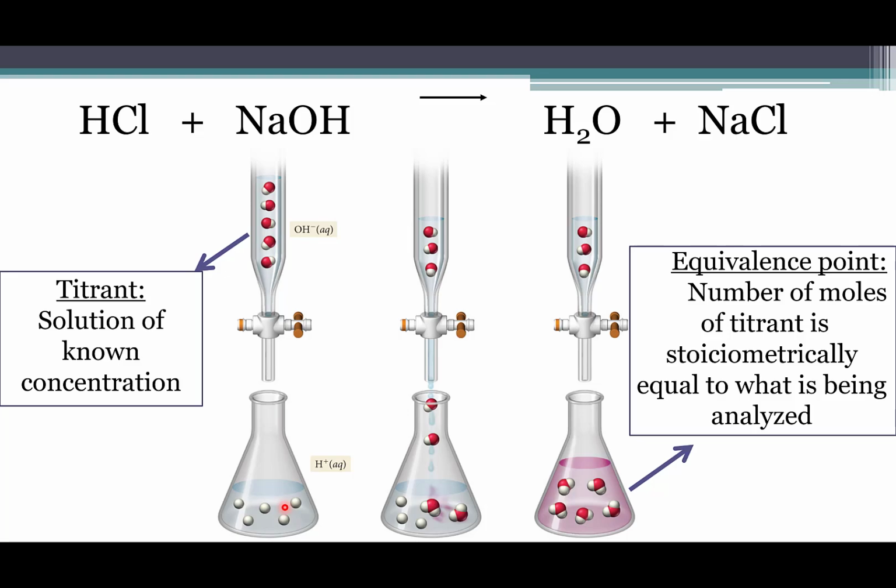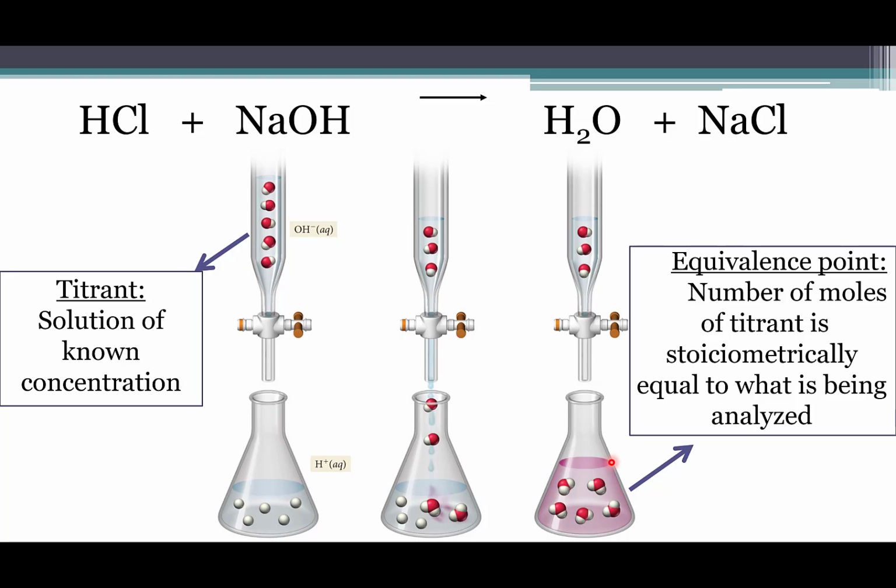Or I'm going to put 10 mLs of hydrochloric acid in there. So we'll know how much of our unknown is in here. We just don't know its concentration. Okay. So we drip, drip, drip. And there's got to be some point where we're like, okay, boom, that's the end of the experiment. That's where it stops. And that point is going to be called the equivalence point.